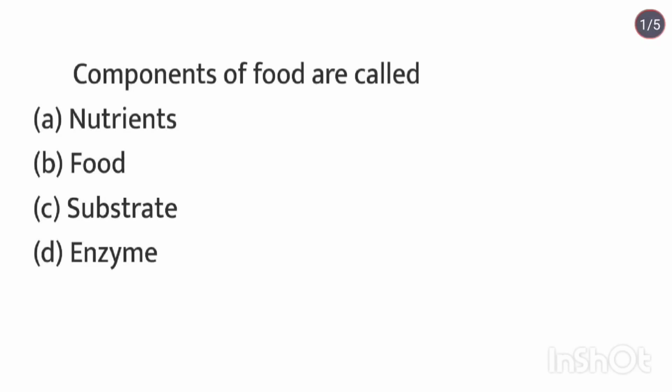Components of food are called nutrients. The major nutrients in our food are named carbohydrates, proteins, fats, vitamins, and minerals. Nutrients are the substances that a body needs to live and grow.